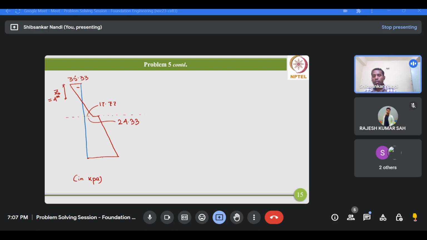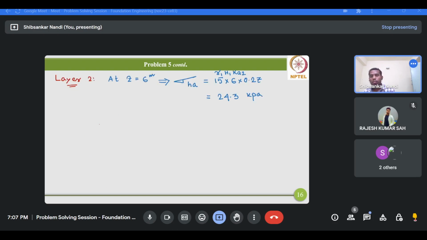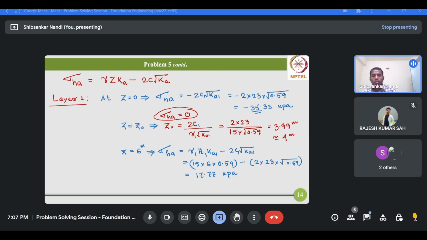Now we'll determine this pressure at the base. At Z equals 12 meter, sigma HA will be gamma 1 H1 plus gamma 2 H2 times Ka2. So that means 15 into 6 plus, what is the unit weight of layer 2?